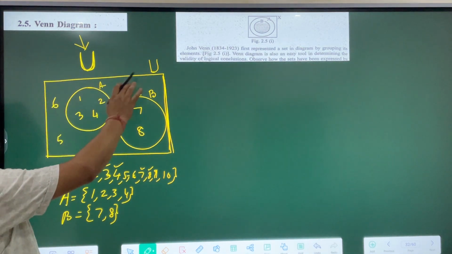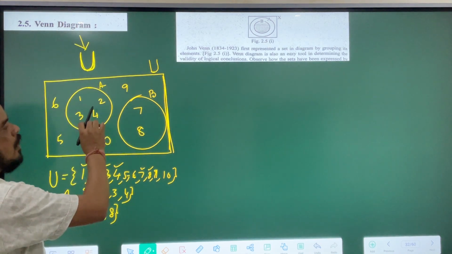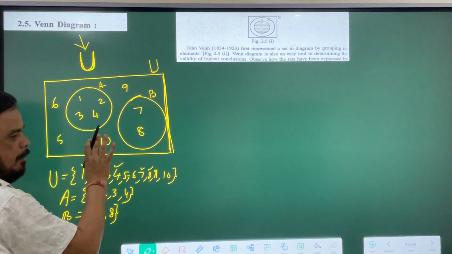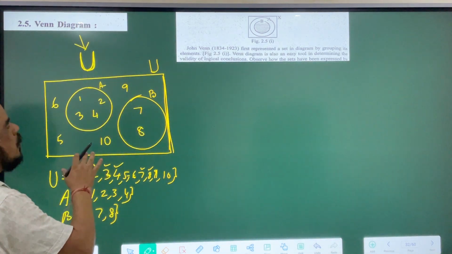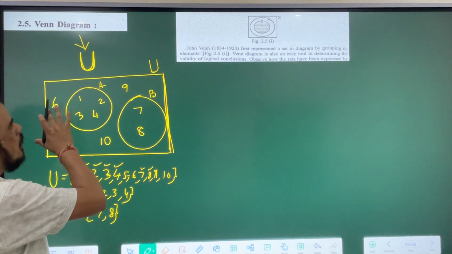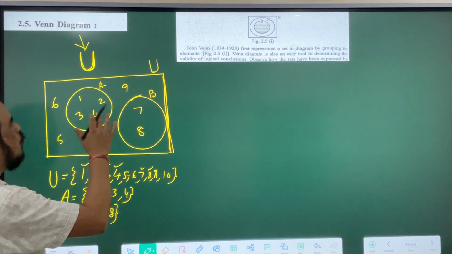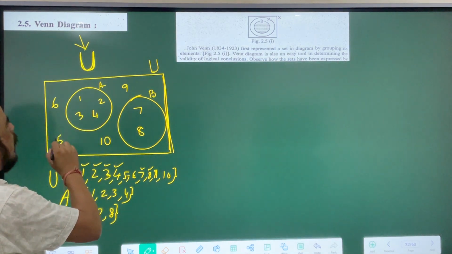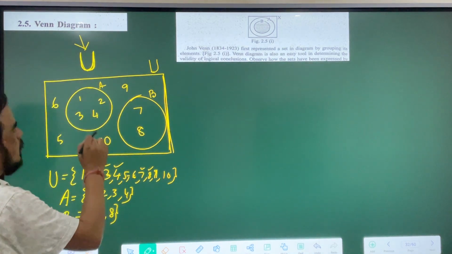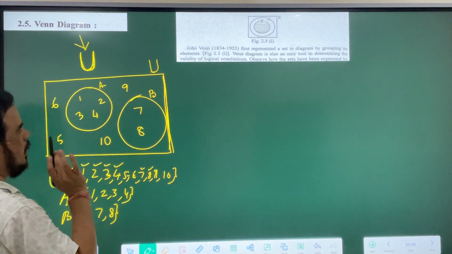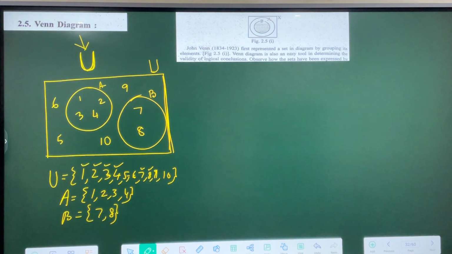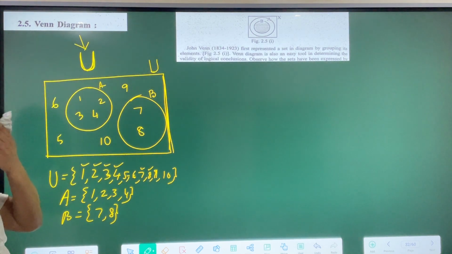Now for inside the box, forget about the circles. Then inside the box only elements are there. Then how to read? 1, 2, 3, 4, 5, 6, 7, 8, 9, 10. So this is what is called Venn diagram.